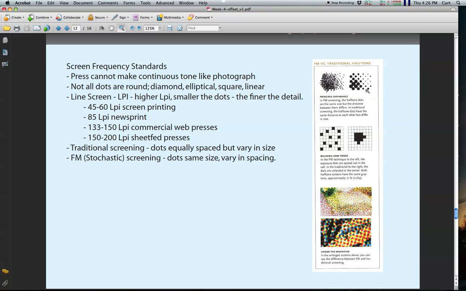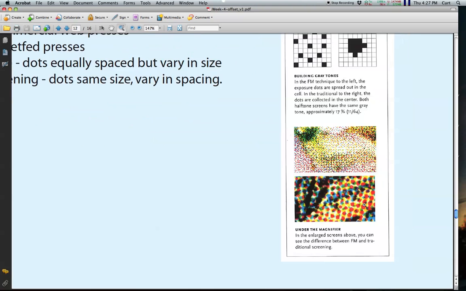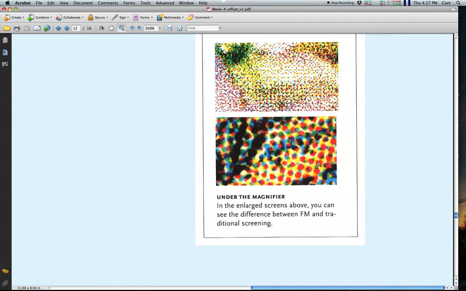So there's much smaller dots, many more lines per inch, which gives us sharper images, crisper text, higher quality printing with the more lines per inch. Now this is different than pixels per inch, and we'll talk about that in a few minutes here. Here you can see the difference between a halftone dot on the bottom and stochastic FM screening on the top.